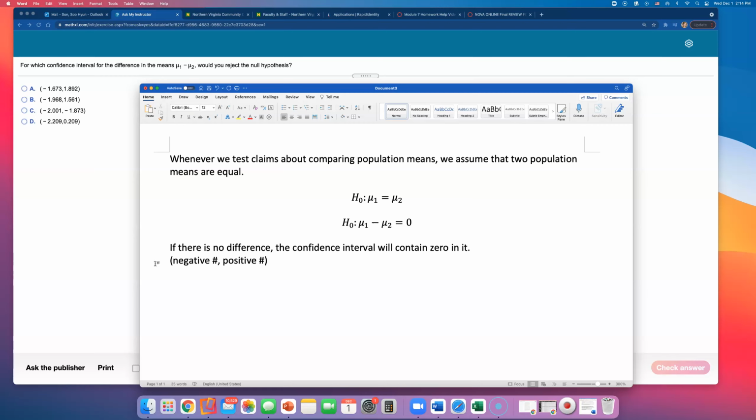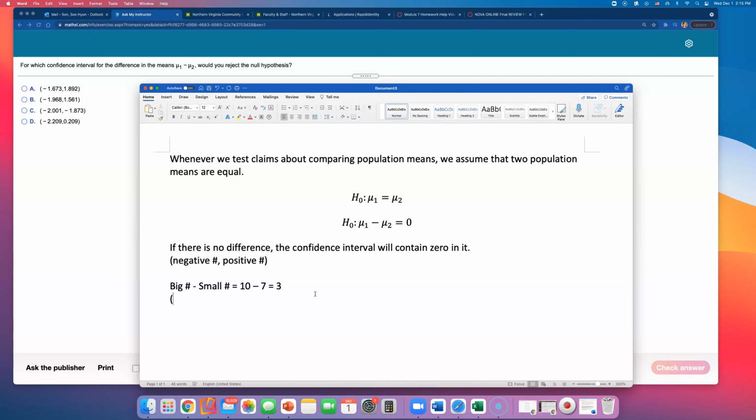But what happens if you do a big number minus a small number? For example, if you do 10 minus 7, you get 3, a positive number. If the first number is bigger than the small number, you will get a positive difference.